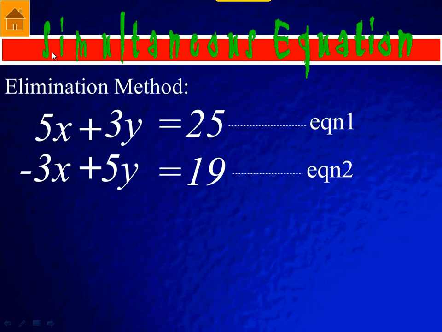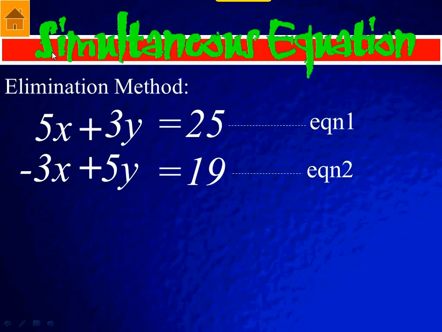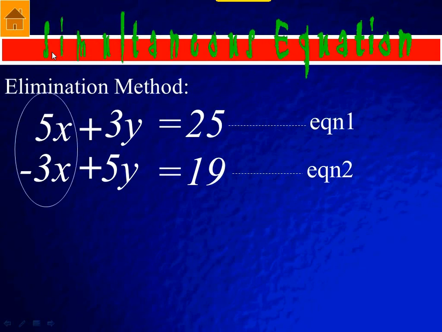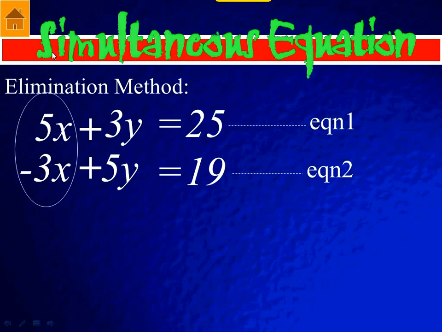We try to find a way to ensure that both equations are being multiplied by the same. So in this case, let's identify that we are going to eliminate the x.